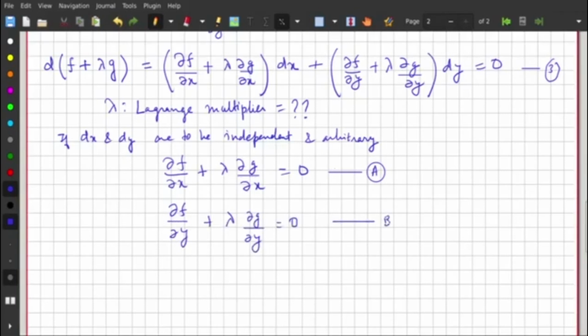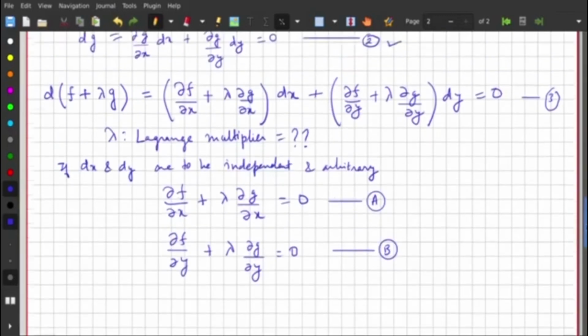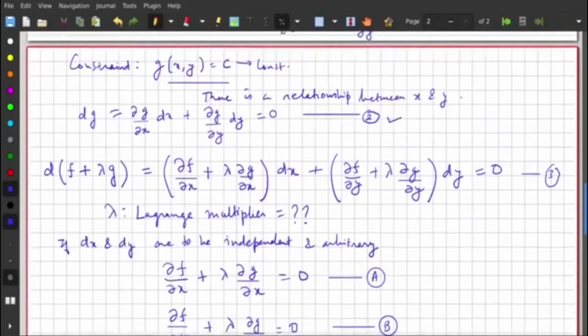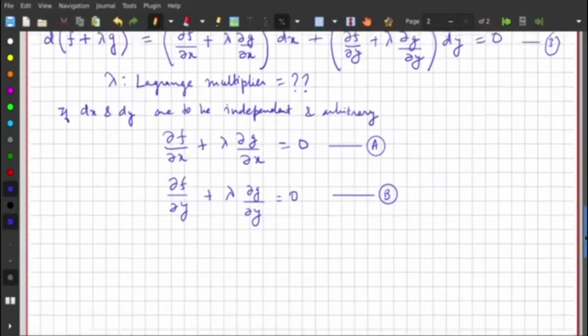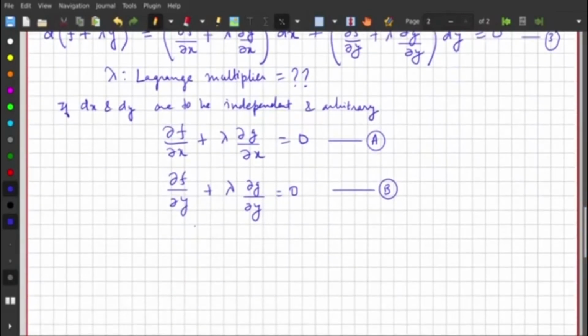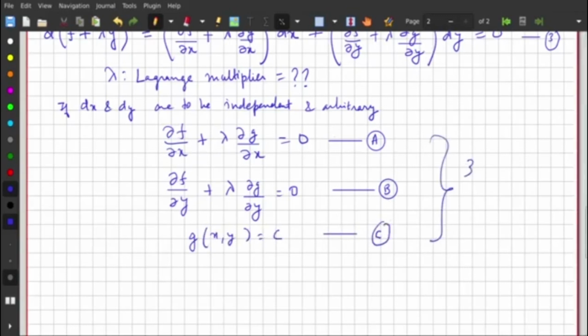That's equation B. Okay, so given these two conditions need to be true for a particular lambda, using equation A and equation B and using the constraint relationship, which is g of x comma y equals c, now you see we have three equations for the three unknowns that we need to find out.